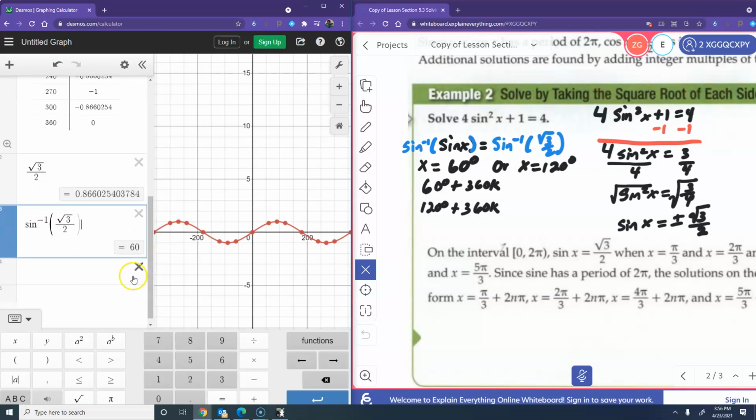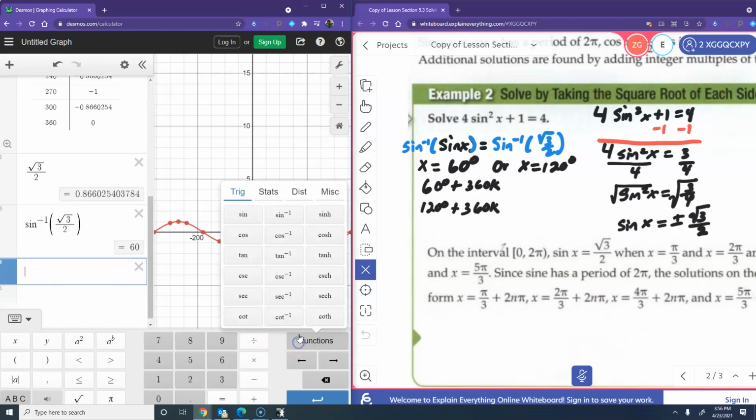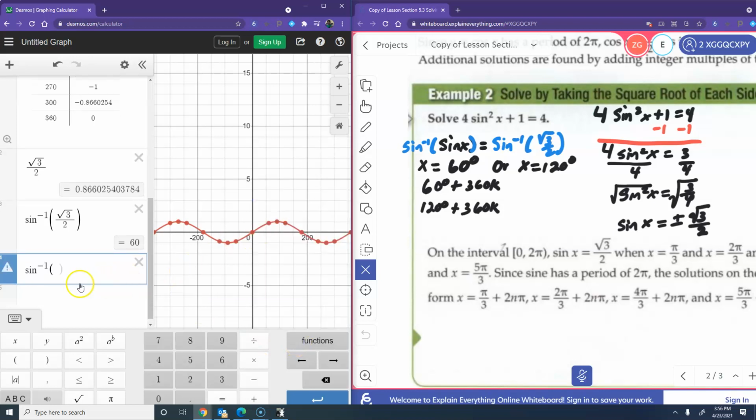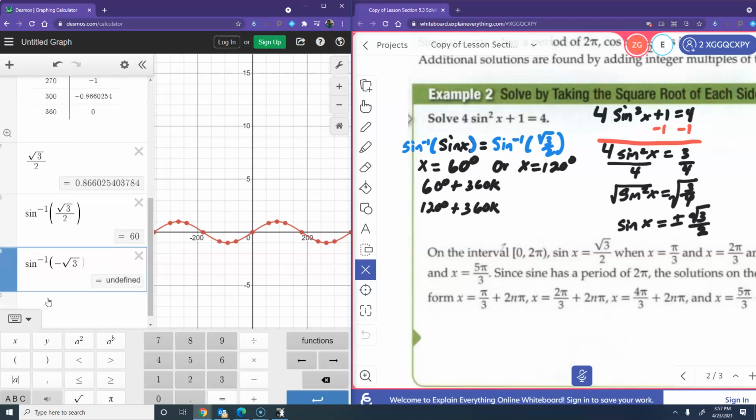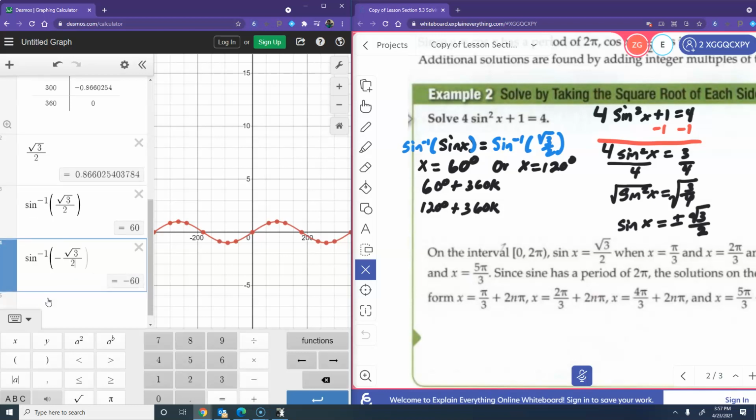Now remember, it's also negative. So what I'm going to do is find the inverse sine when the ratio is negative. And so I'm going to write negative square root of 3 over 2. And you notice it's also negative 60. So let me give you the other answer.